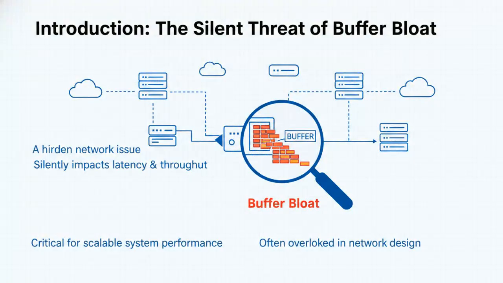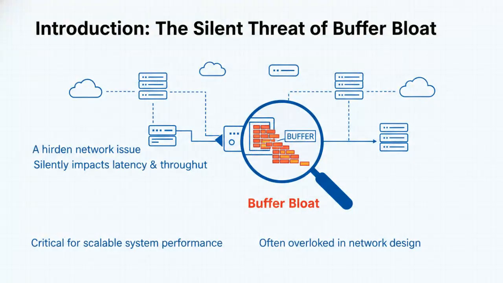While AQM is a powerful weapon against buffer bloat, a truly holistic approach involves other strategies. End-host tuning, such as optimizing TCP buffer sizes on servers and clients, can prevent unnecessary buffering at the edges of the network. Application layer pacing can also help, ensuring applications send data at a rate that the network can sustain without overwhelming buffers.